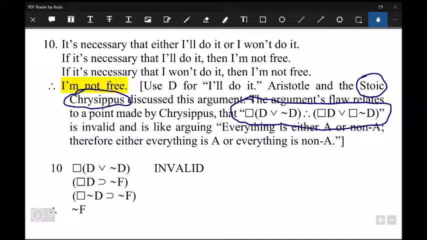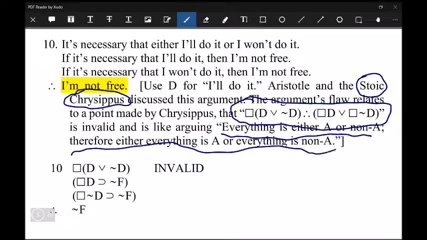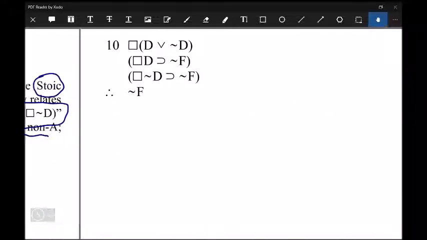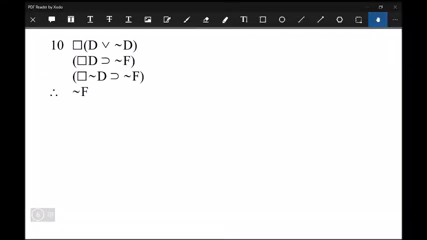It doesn't distribute that way. That's like arguing, he said, everything is either A or not A, therefore either everything is A or everything is not A. Or more simply, everyone is male or female, therefore either everyone in the world is male or everyone in the world is female. This does not work. And indeed, if you try to prove it, it comes out invalid.